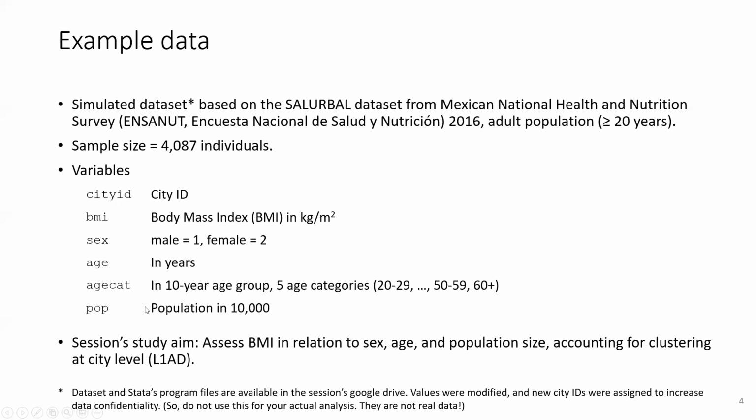The study's aim is to assess BMI in relation to sex, age, and population size, accounting for clustering at city level, which is level 2. By the way, this data set is simulated, meaning that I changed the values and the city ID to maintain data confidentiality. So don't use this data set for your analysis, because this is a fake data set just for this purpose.